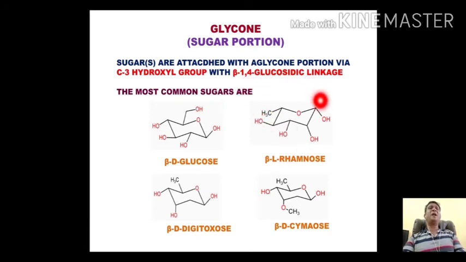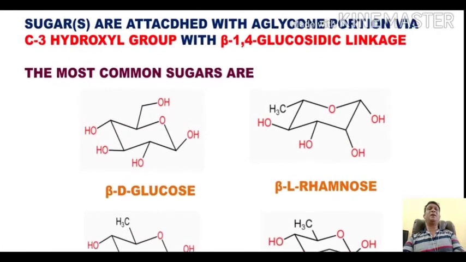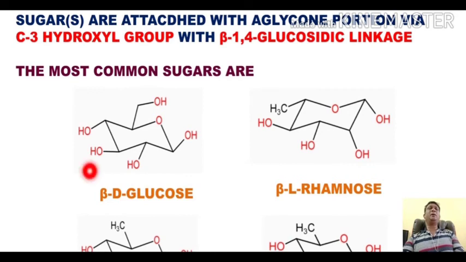Beta 1,4 glycosidic linkage means the sugar moieties are attached by having the bond between the C1 and C4 positions of each other through loss of a water molecule. This we can see in the individual example.